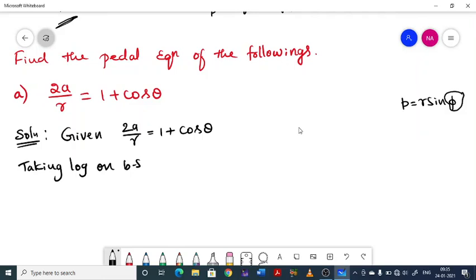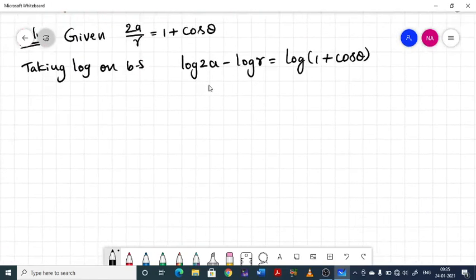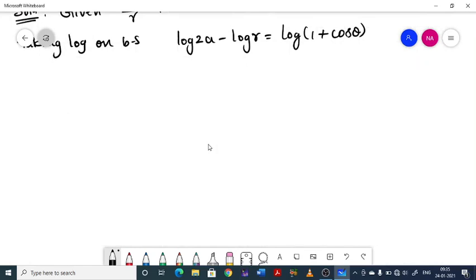We'll be getting log 2a minus log r equal to log of 1 plus cos theta.